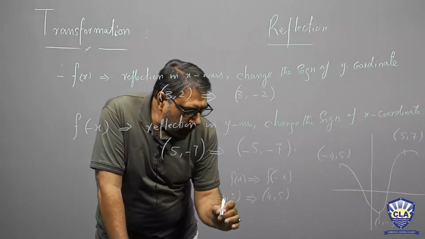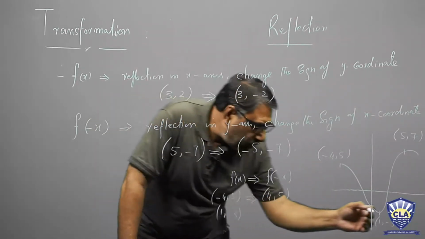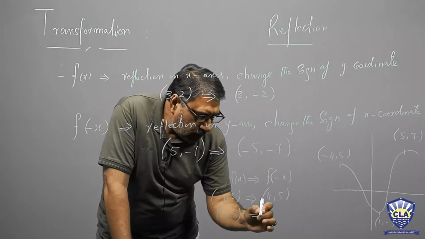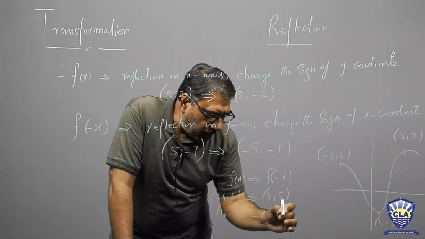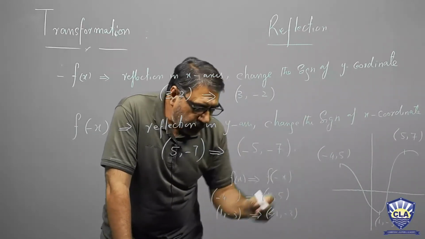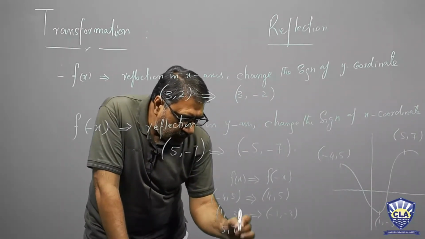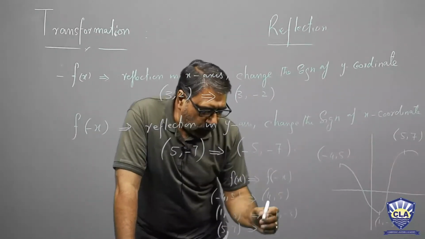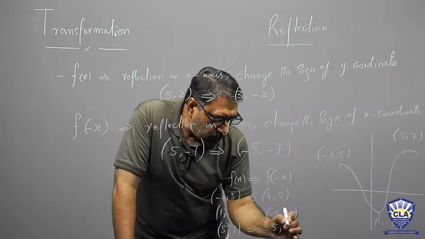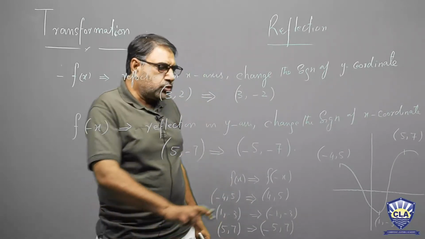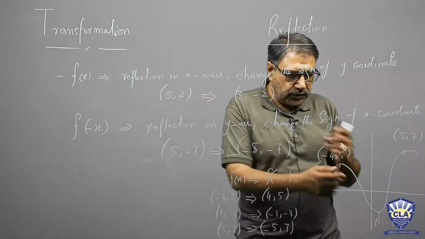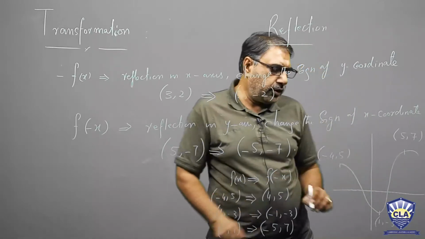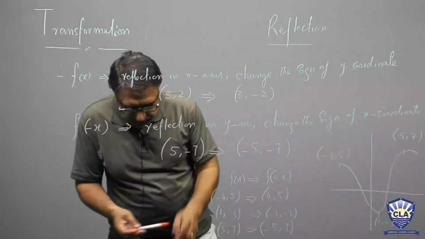And the point 1, minus 3, when reflected in the y-axis, moves to minus 1 comma minus 3, and the last point 5, 7, when reflected in the y-axis, changes the sign of the x coordinate: minus 5 comma 7. So mark this point. You can change the curve to this side, this one to this side, with the help of red.